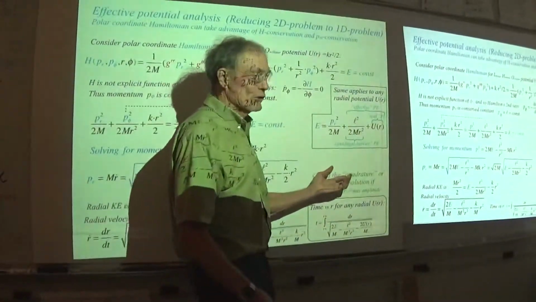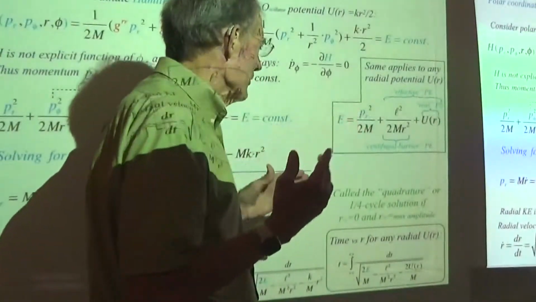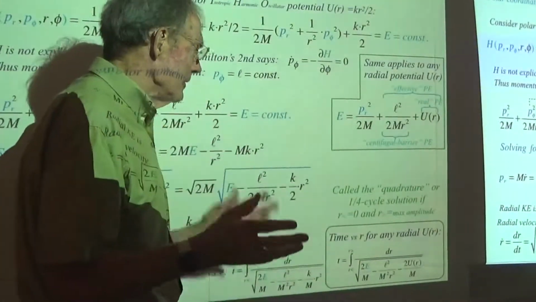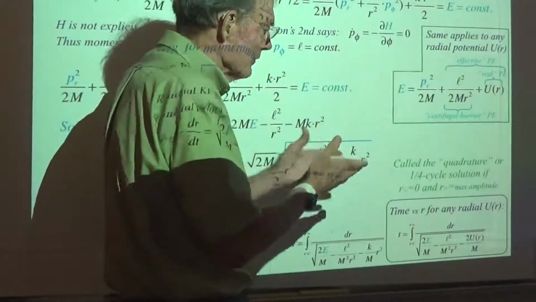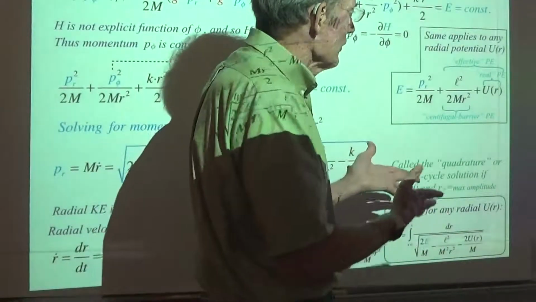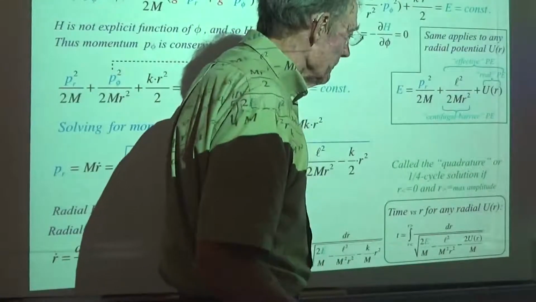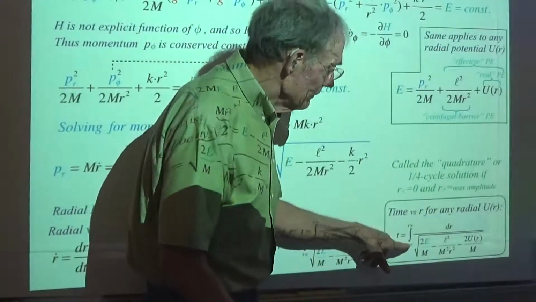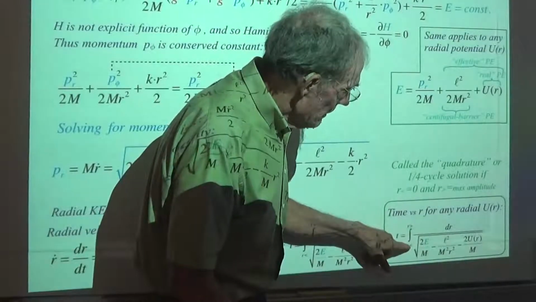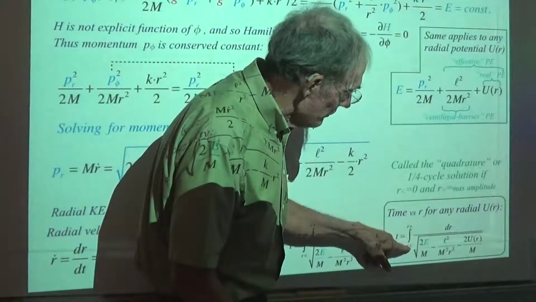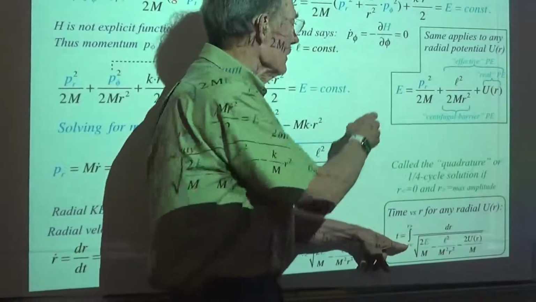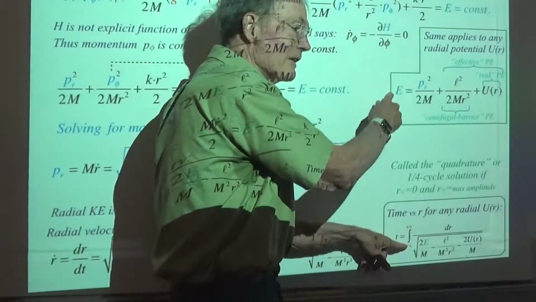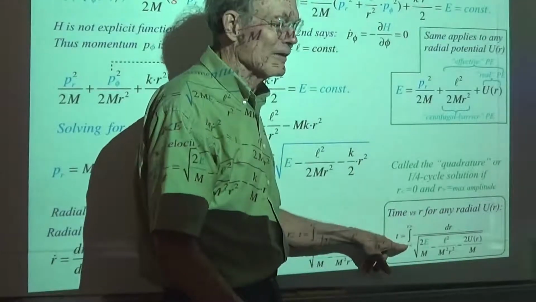It's called the quadrature. Now where did that come from? These are all things that you just read in a book on mechanics and they just say, we'll do the quadrature integral. Where does the quad come from? Basically it's an integral between the smallest radius and the largest radius. And for our oscillator, that's a quadrant. And that's where it came from, I think.